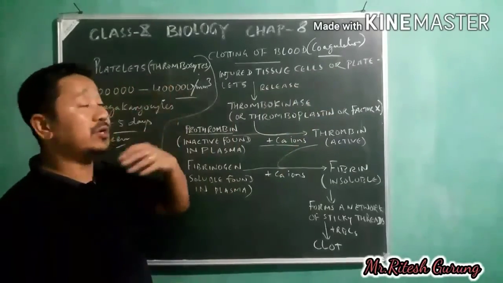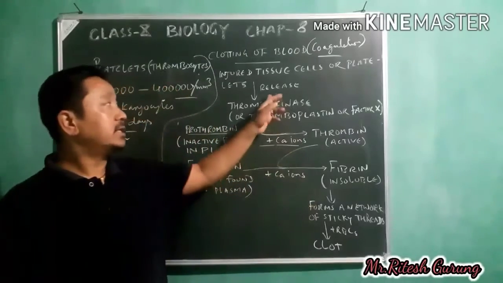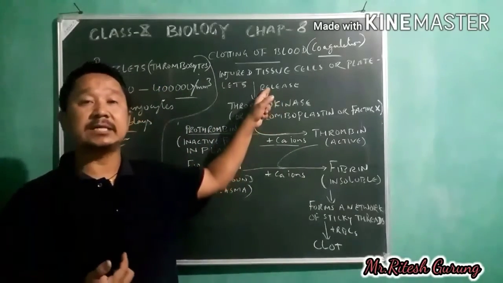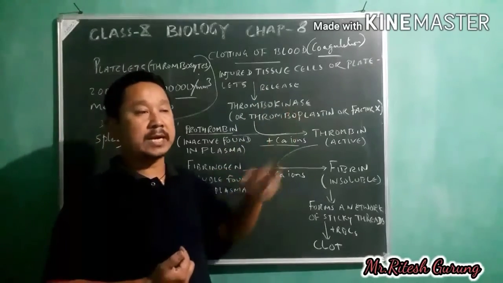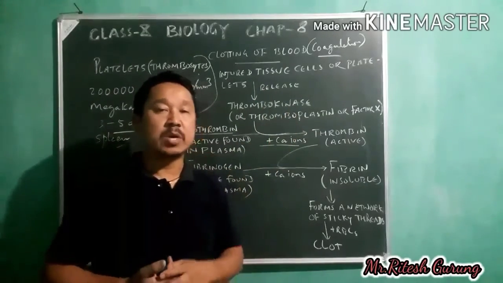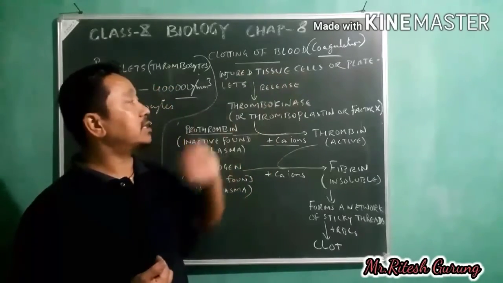When they are damaged, they release or produce a kind of enzyme called thrombokinase. Thrombokinase is an enzyme produced by the damaged or injured tissue cells or platelets.